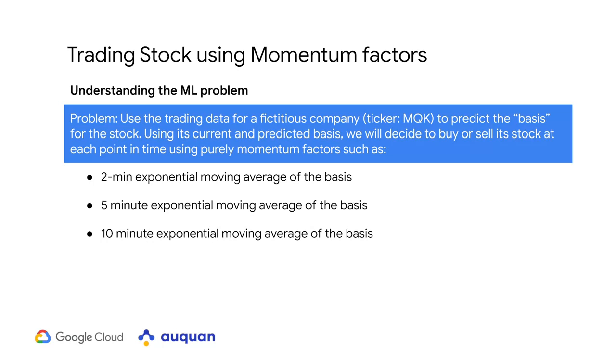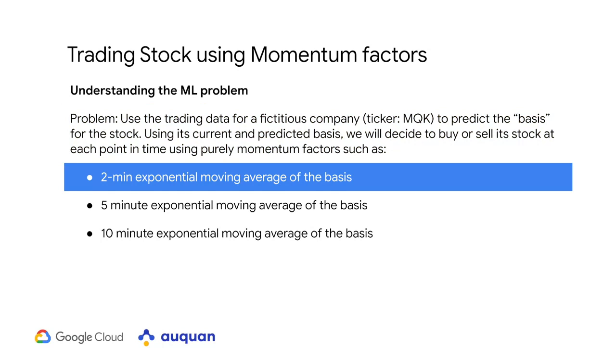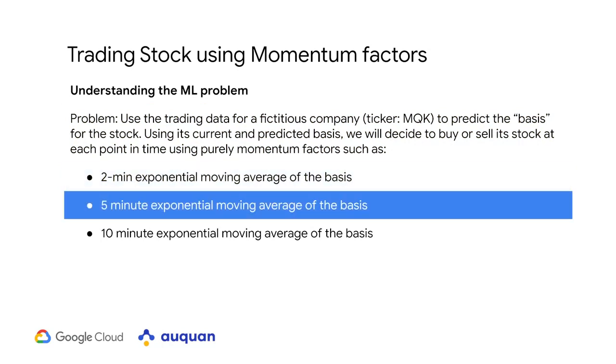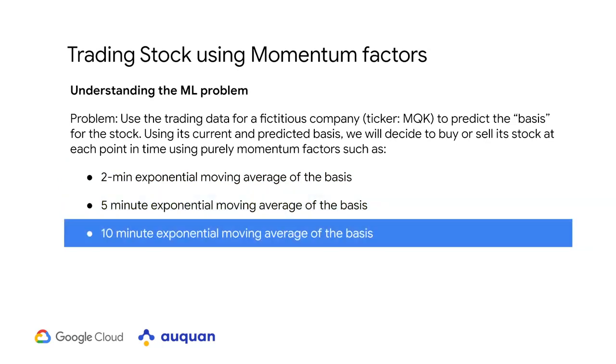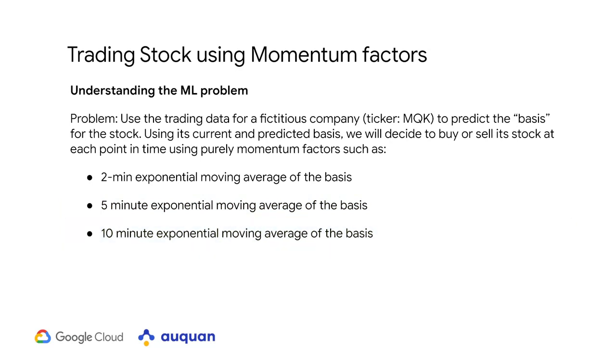Using its current and predicted basis, we will decide to buy or sell its stock at each point in time using purely momentum factors such as 2-minute exponential moving average of the basis, 5-minute exponential moving average of the basis, 10-minute exponential moving average of the basis. Are you ready? Let's dive into the problem.